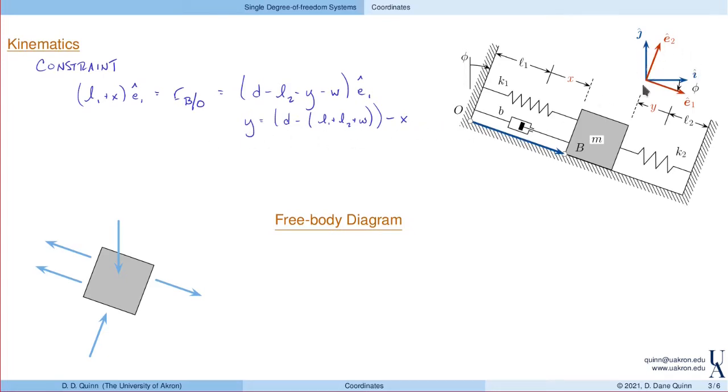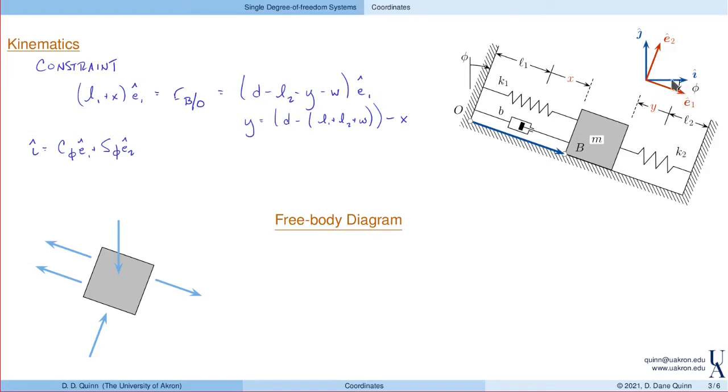Lastly, for the kinematics, we will make use of these different directions. So let's go ahead and relate I and J and E1 and E2. So I, for example, in terms of E1 and E2, is cosine of phi in the E1 direction plus sine of phi in the E2 direction.